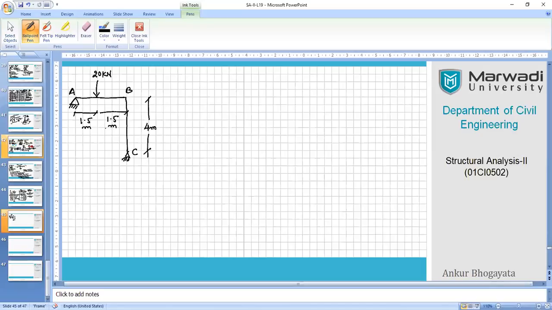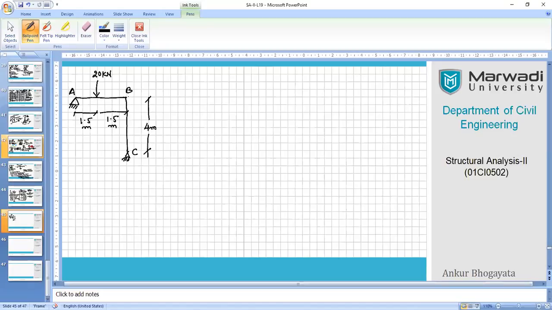Now the question is, you have to find the shear force and bending moment diagrams for this frame with the help of the second principle of Castigliano, the energy principle suggested by Castigliano.